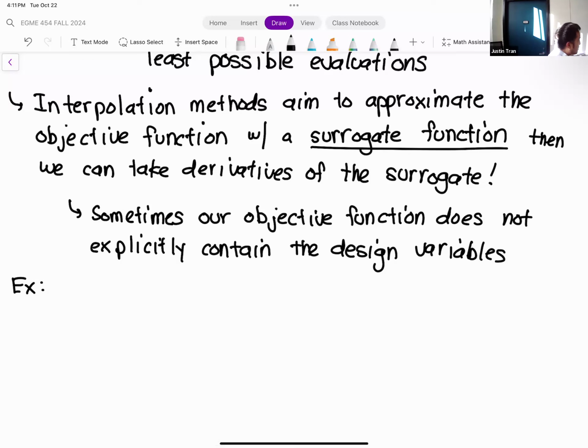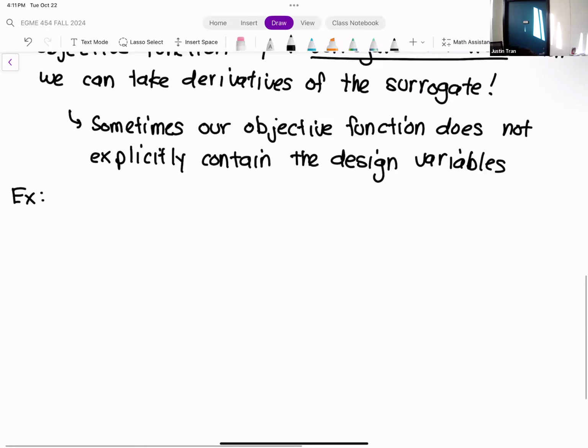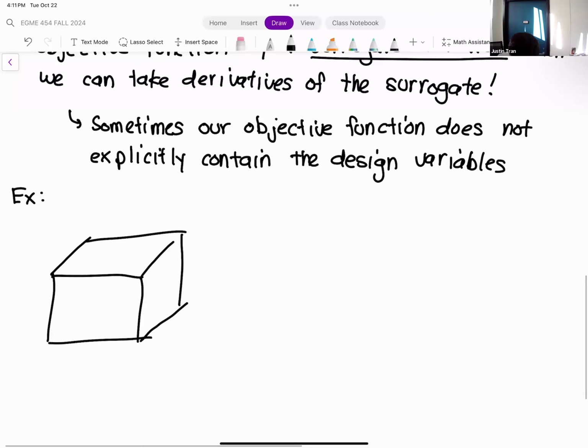Let's say that we're designing the dimensions of a building. So let's say we have a building here, and one of the dimensions that we are optimizing is the height of the building.